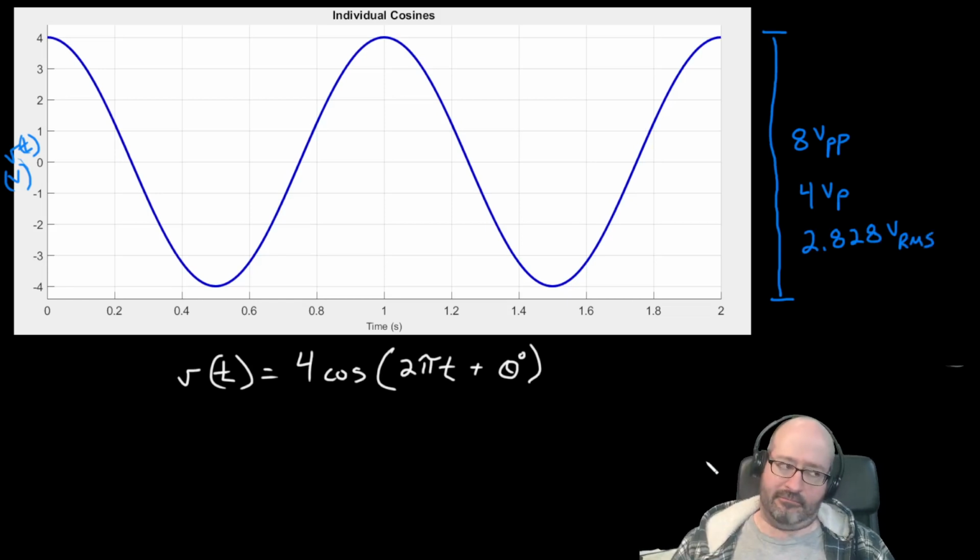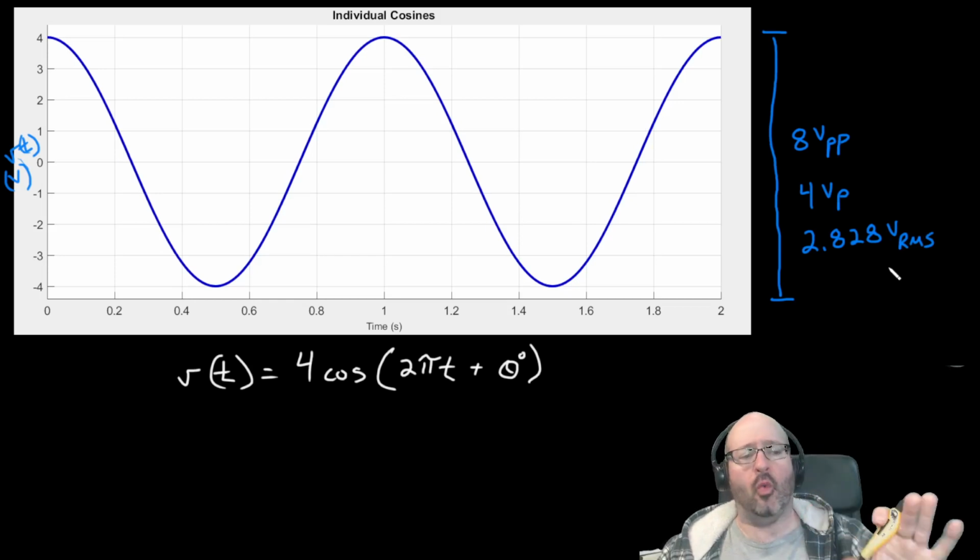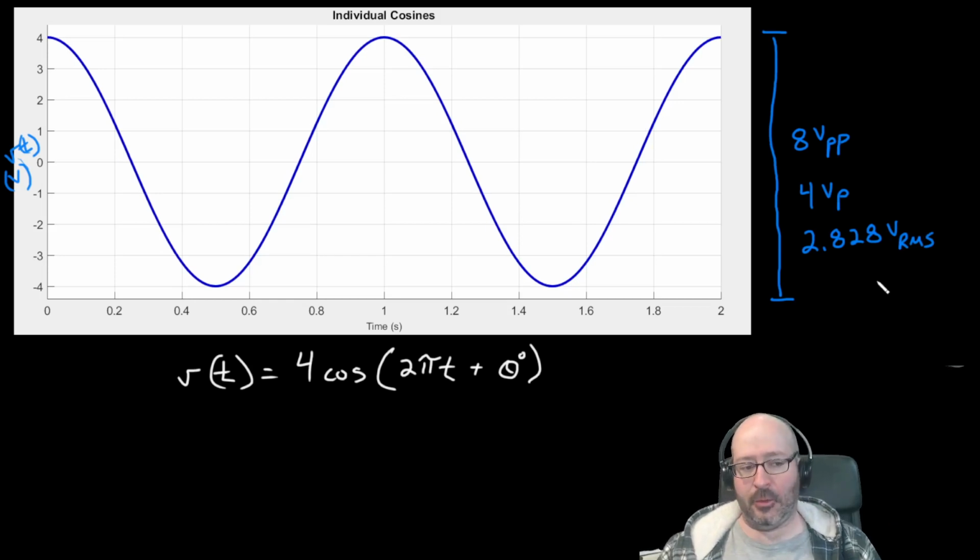The convention, which I'm going to be bad about this semester, is that if you don't have any subscript, you assume it's an RMS voltage. Why that is, I'm going to leave to another video. But that's the vertical. Those are the three values that I can pick off of this vertical.